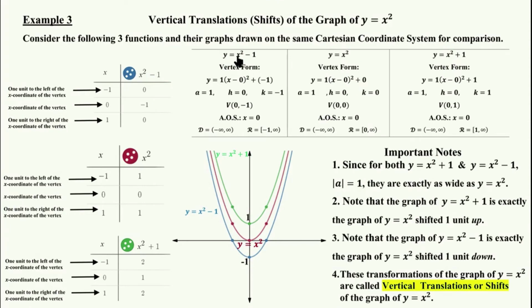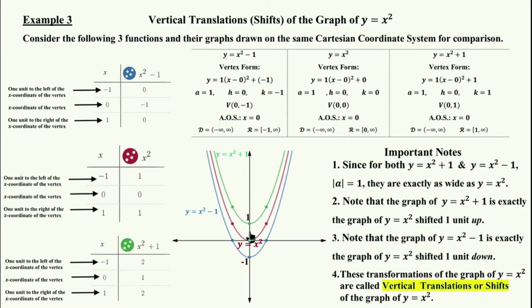All right, now observe how in these two cases, again, we're putting all three on the same graph for comparison. Notice that x is not changing. The x squared part is the same, right? So it's not the x that is changing, but the entire x squared; the change is happening at the y level. We're taking this y equals x squared, and we're either subtracting one from it or adding one to it.